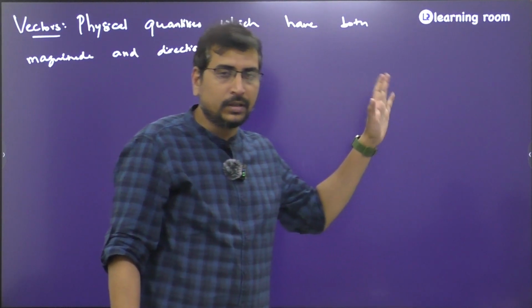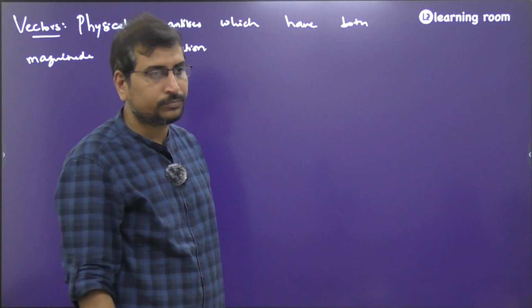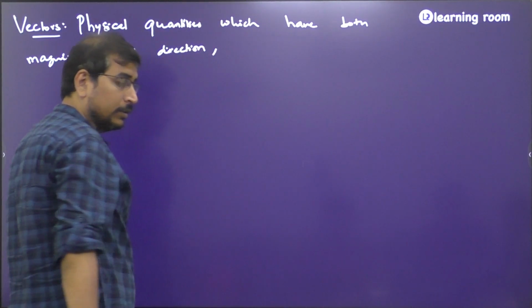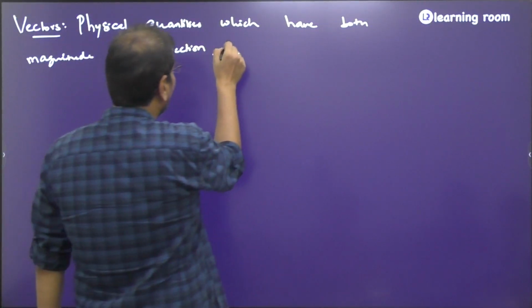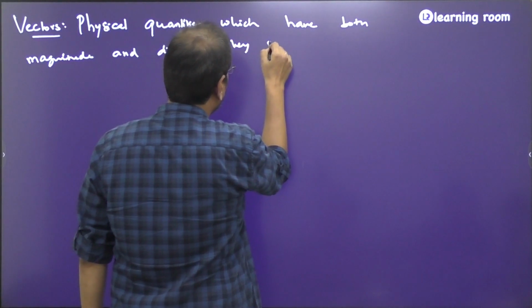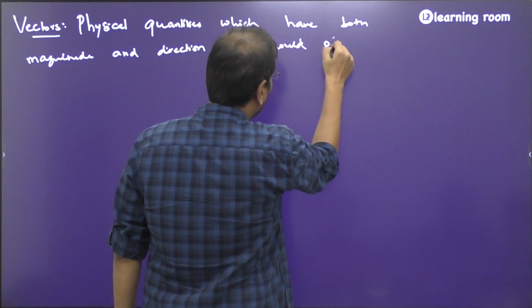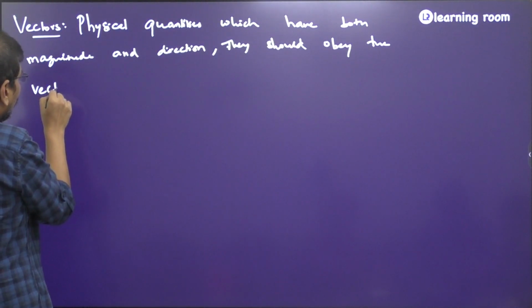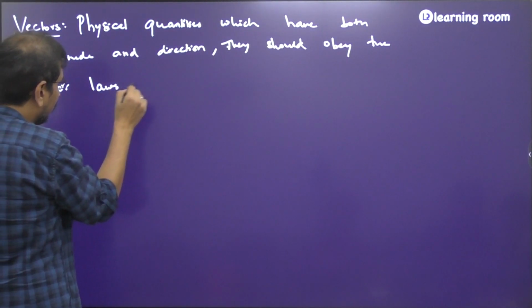So if you write it only till here, you're only half correct. An important point that needs to be added here is they should obey the vector laws of addition.